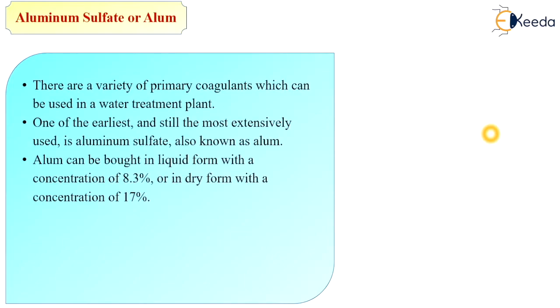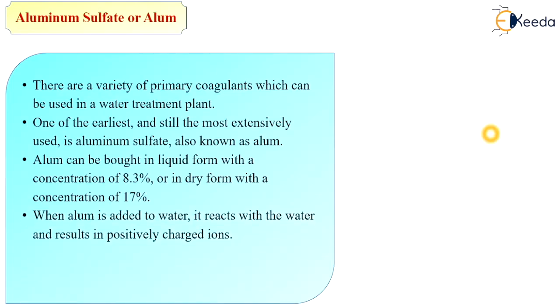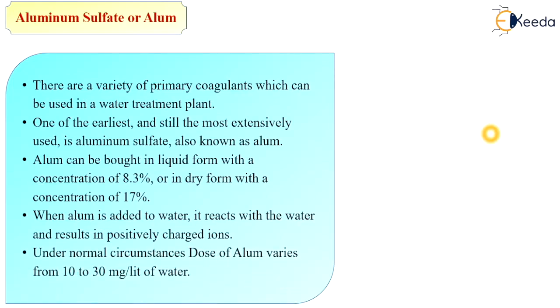We add alum in liquid form or in the form of dry powder to the raw water. When alum is added to water, it reacts with water and results in positively charged ion particles that neutralize the charged particles. Under normal circumstances, the dose of alum varies from 10 to 30 milligrams per liter of water. So normally we provide 10 to 30 mg per liter of water of alum.